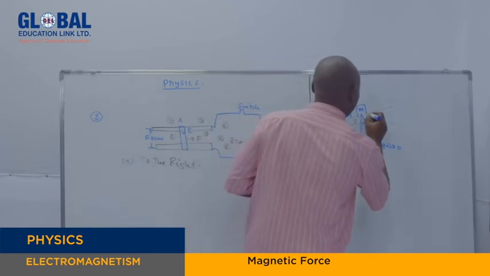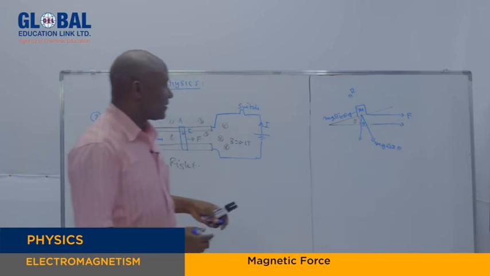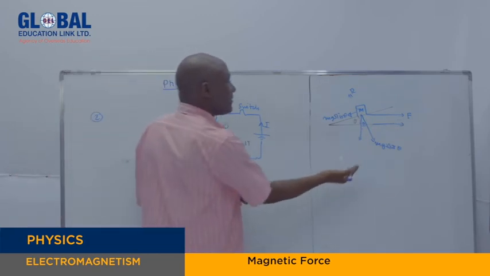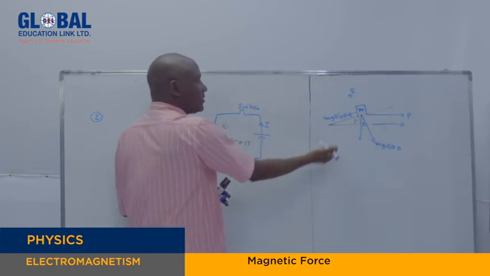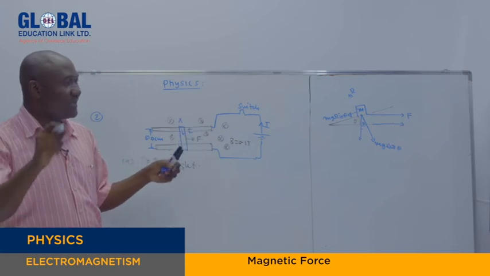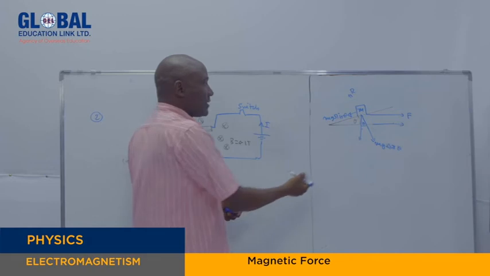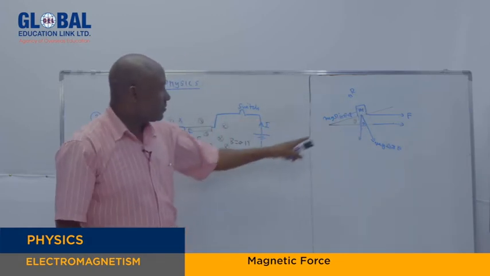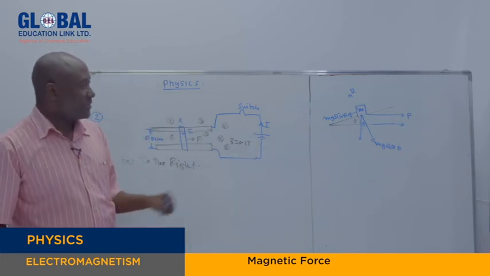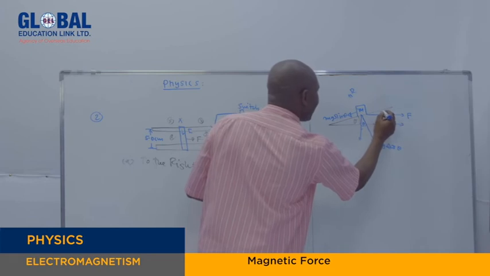So you must resolve this force to balance mg sine theta, which determines whether the bar will slide down. We find another force to balance this, so the bar X does not slide and remains stationary. This angle here is the same as theta.